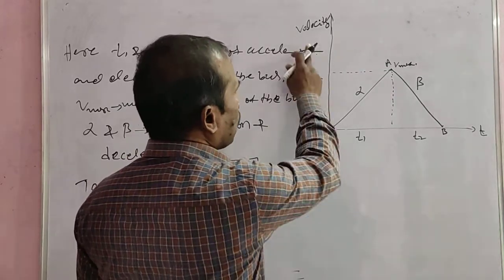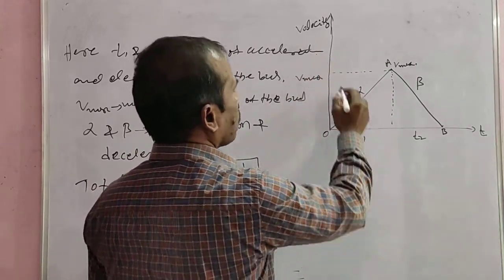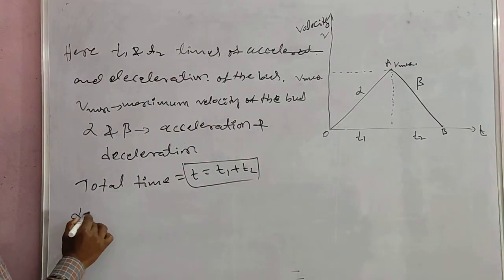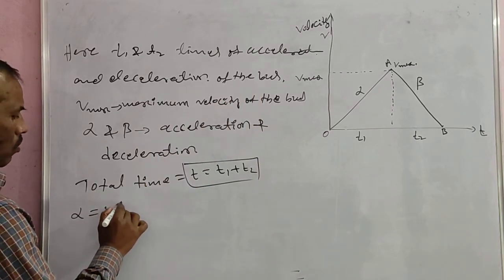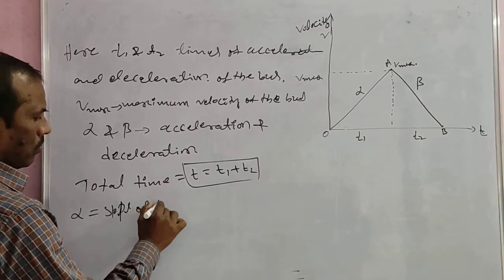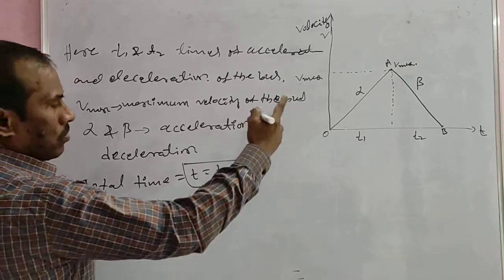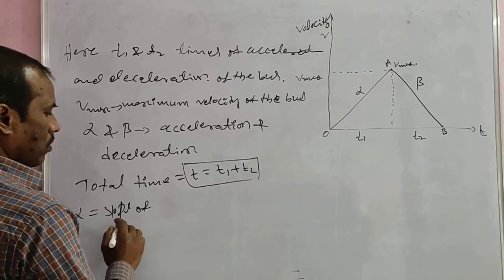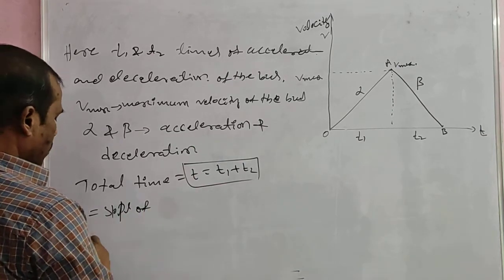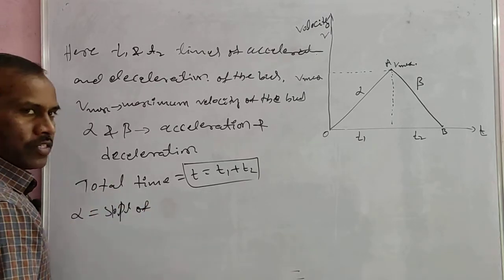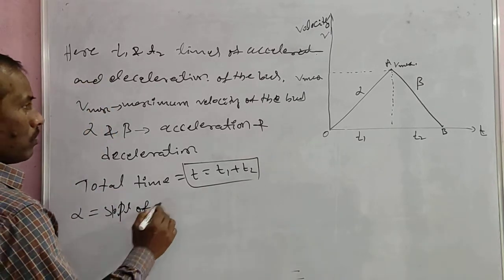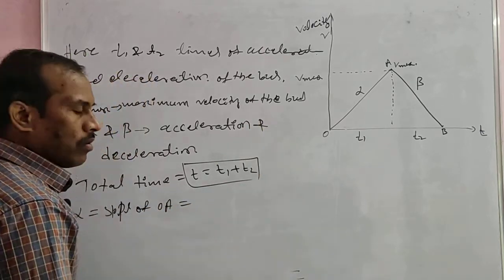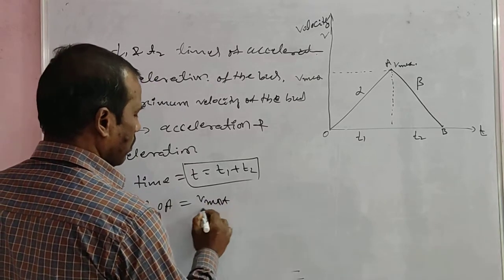So from the VT graph, first of all, alpha, the acceleration of the bus, is equal to the slope of OA, which is the maximum velocity divided by time.